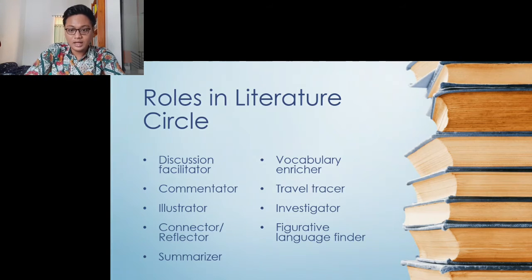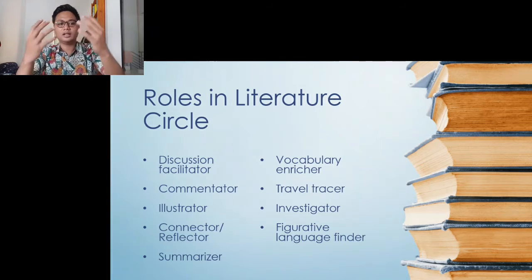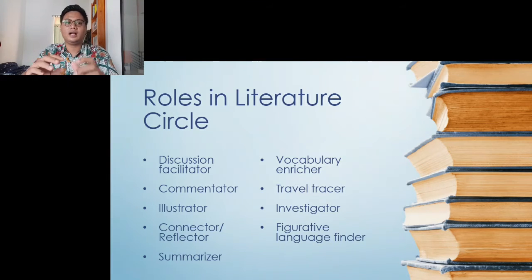And then the next role in literature circle is vocabulary enricher, also called the word master or word wizard, because if we talk about the literature circle, we can use it beneficially, because books contain beautiful words, such as novels or anything else.